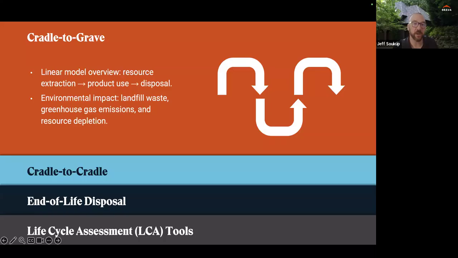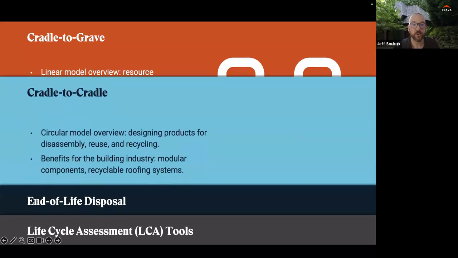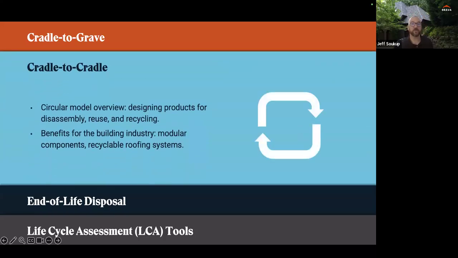Really not a ton of benefits, probably a little bit less expensive, but really going to grow a lot of landfill waste, greenhouse gas emissions, and we're depleting our resources without resupplying. Cradle to cradle, the way of the future, the circular model, designing products for disassembly, reuse, and recycling.